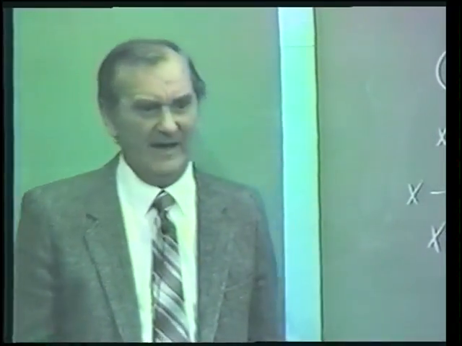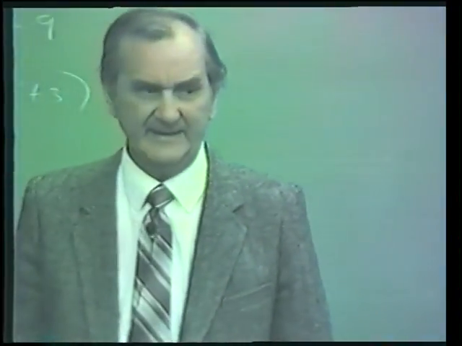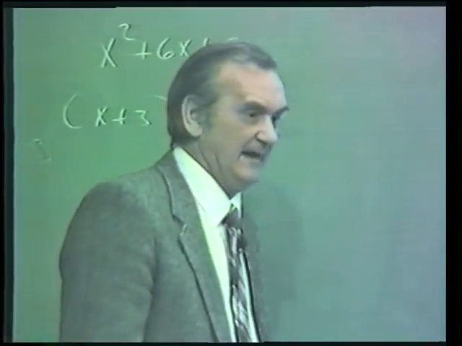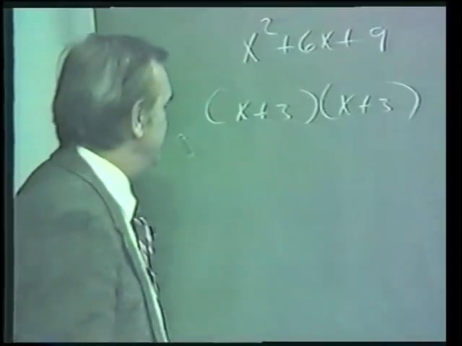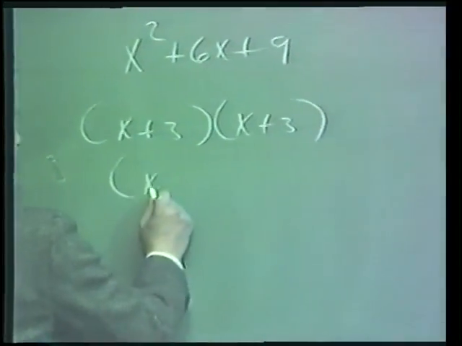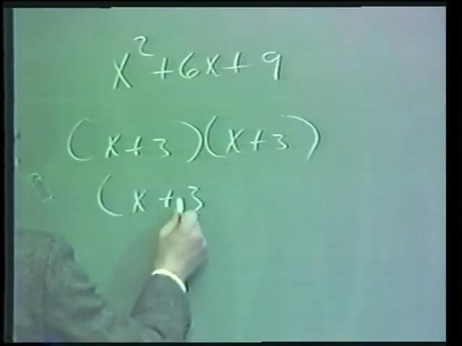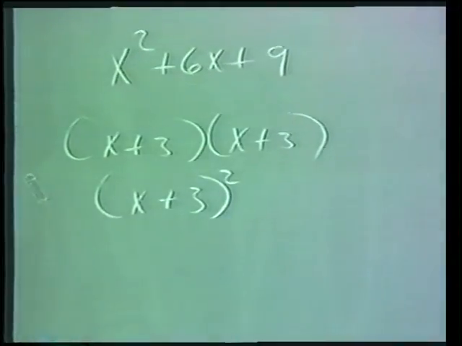It cannot be factored into two identical whole number factors. Therefore, this is a perfect square, and we can write that as the quantity x plus 3 squared.